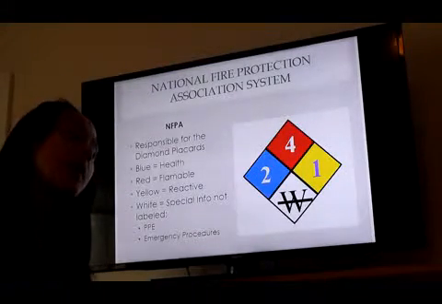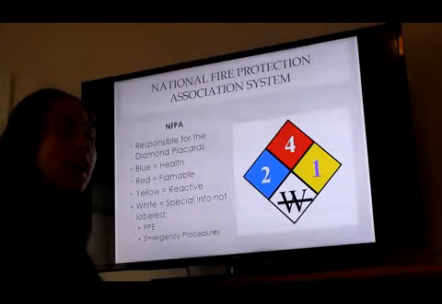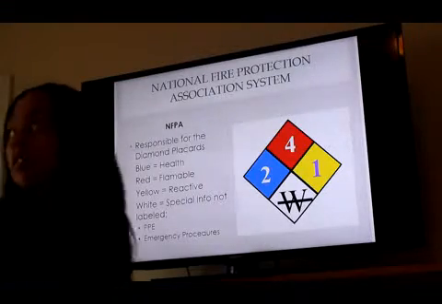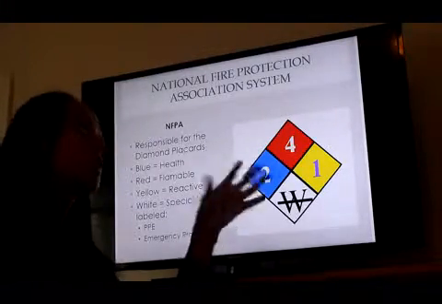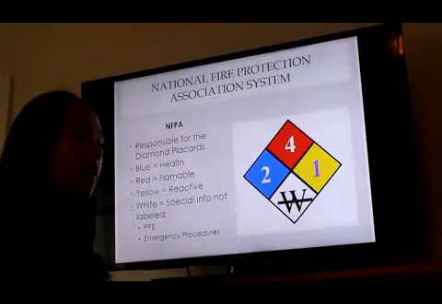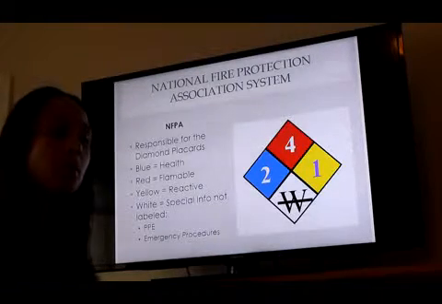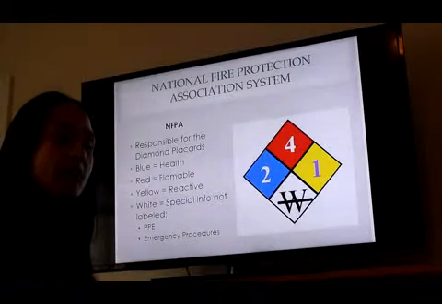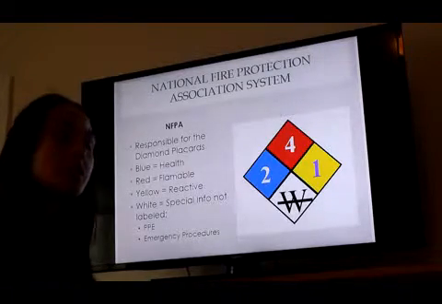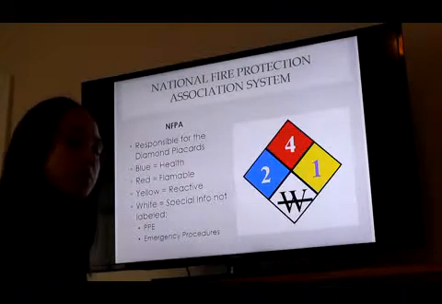The National Fire Protection Association system, also known as NFPA, is responsible for the diamond placards, which you see right here, and they have ratings from 1 to 4. The blue is equal to health, the red is equal to flammable, yellow is equal to reactive, and white is equal to special information not labeled, such as PPE or emergency procedures.